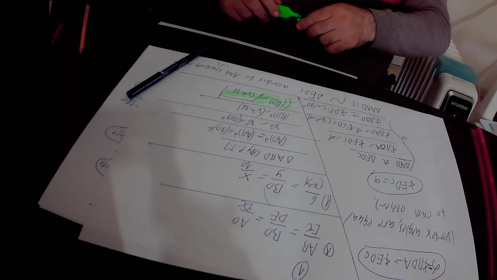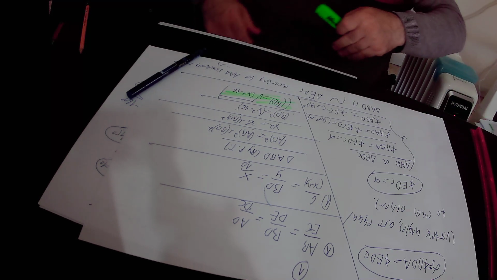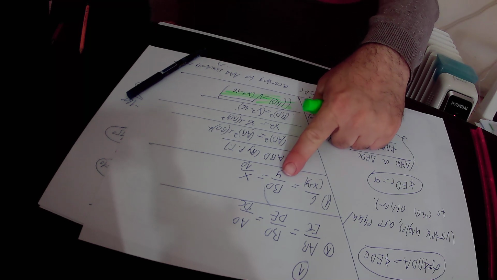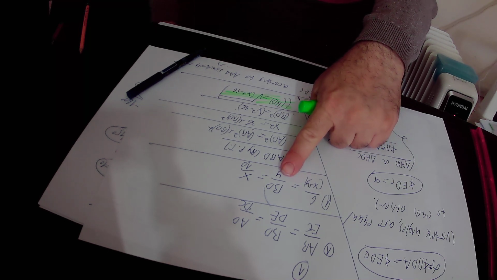Now we can substitute BD in equation number 1 by the square root of x squared minus 36.